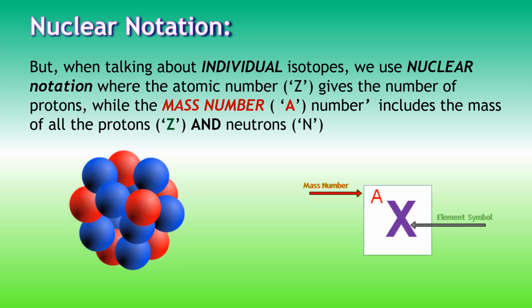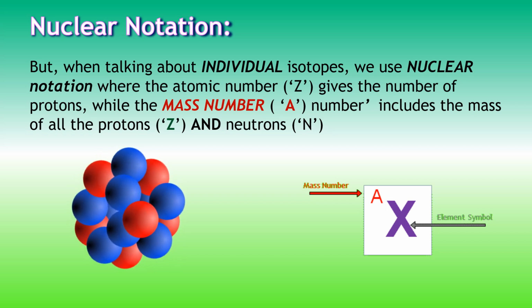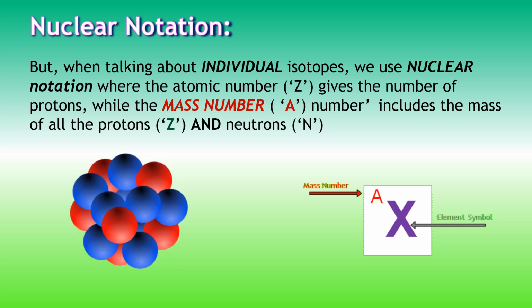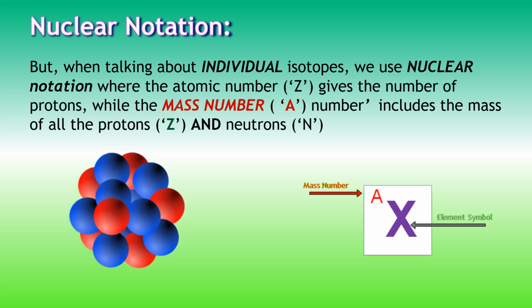Again, the Z number is just the same as the number of protons, and the A number is an attempt to record the mass of all the protons and all the neutrons. So it's basically just the number of all the protons and all the neutrons.